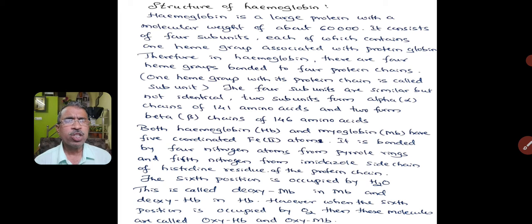The 6th position is occupied by water. This is called deoxymyoglobin in myoglobin and deoxyhemoglobin in hemoglobin. However, when the 6th position is occupied by oxygen, then these molecules are called oxyhemoglobin and oxymyoglobin.